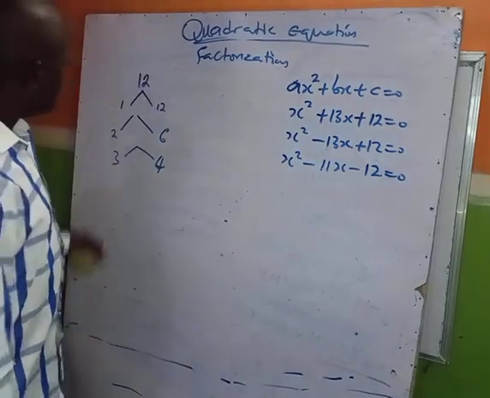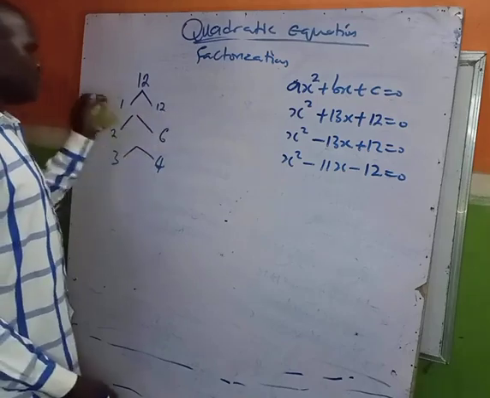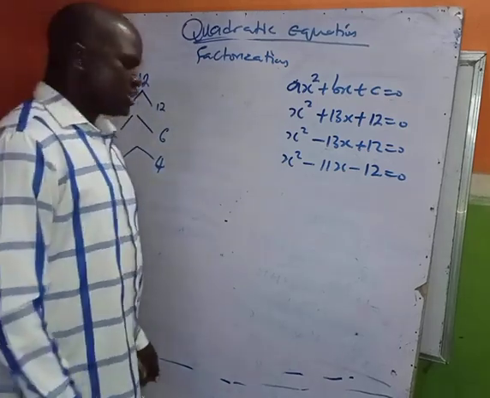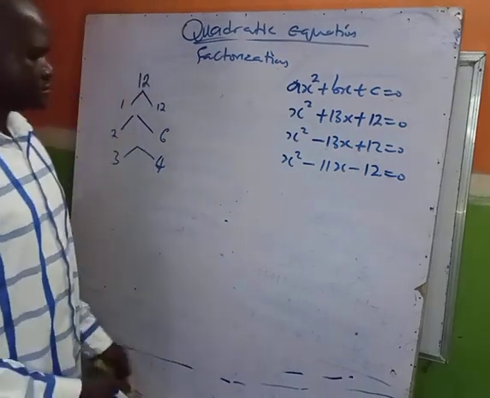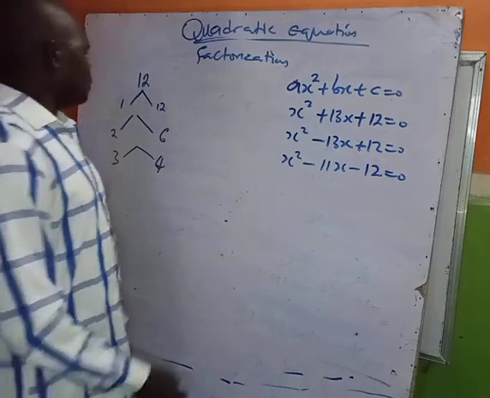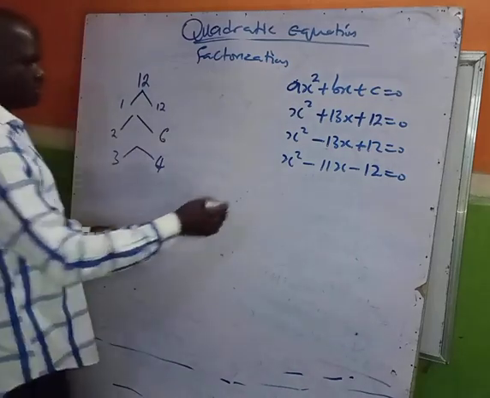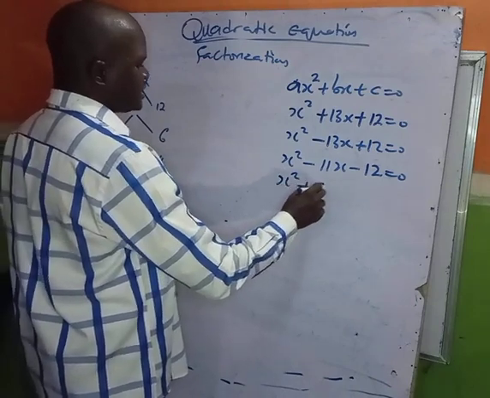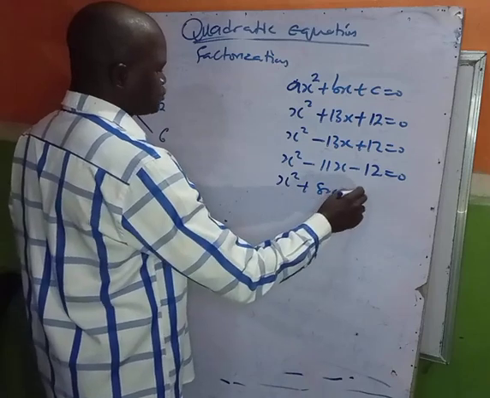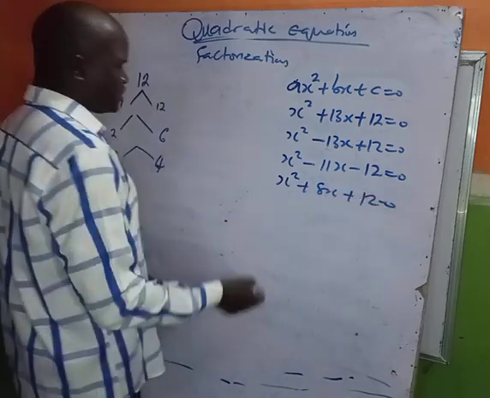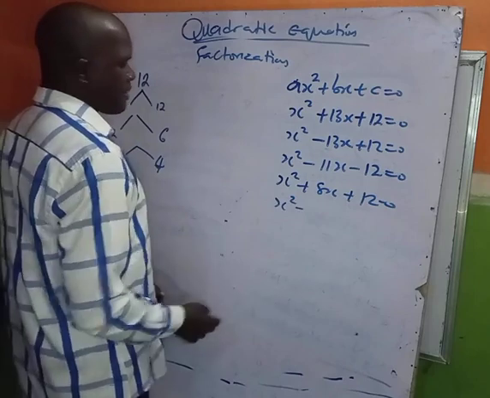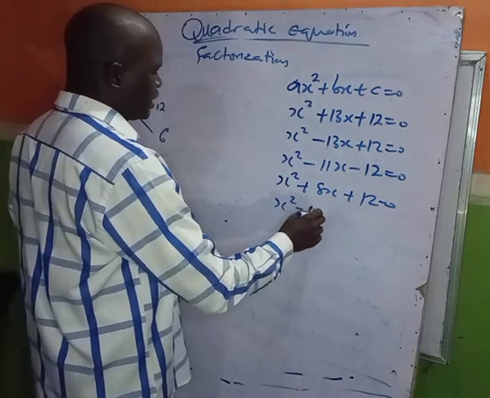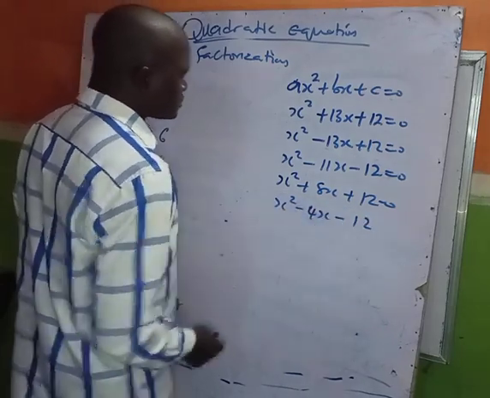So what to do here is 12, minus 12 plus 1. So you will see you have the same thing. So you can have here also x squared plus 8x plus 12 equal to 0. You can have x squared minus 4x minus 12.